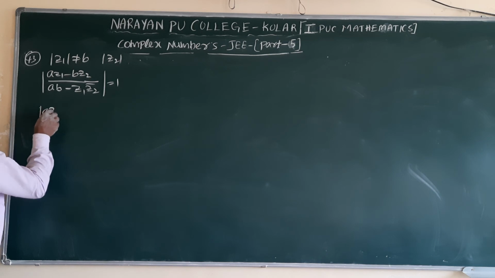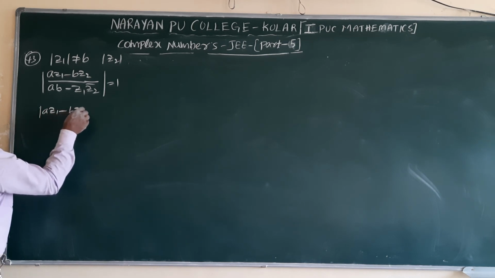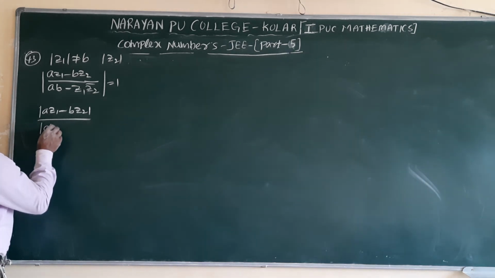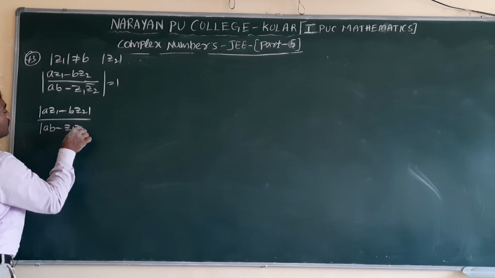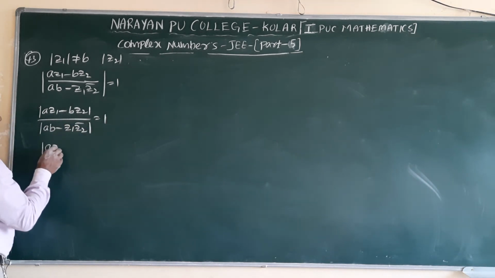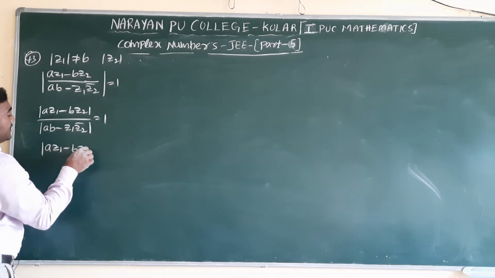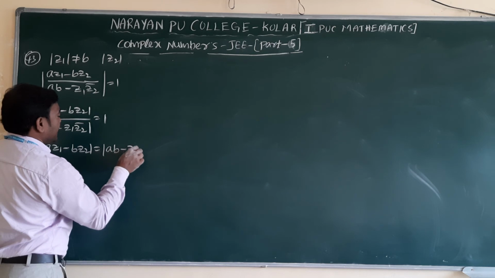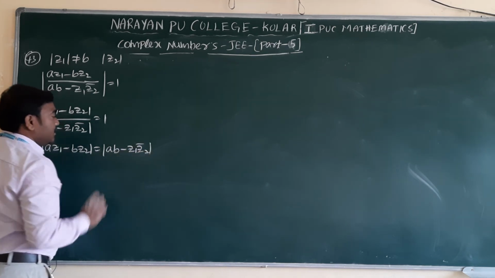By applying the modulus property of z1 by z2, modulus of a z1 minus b z2 is equal to modulus of ab minus z1 into z2 bar.